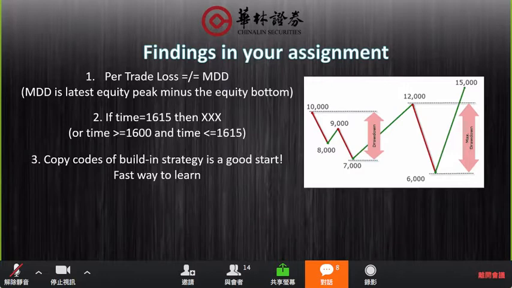Another case I saw in the assignment is that some of you did copy the built-in strategy. I think this is good. No worry, just copy things, because especially at the early stage of learning how to code, you will definitely need to refer to code built by others. It exists in MultiCharts without being filtered out and comes with your computer when you install it, so I think they had a point in keeping that code within MultiCharts, okay?